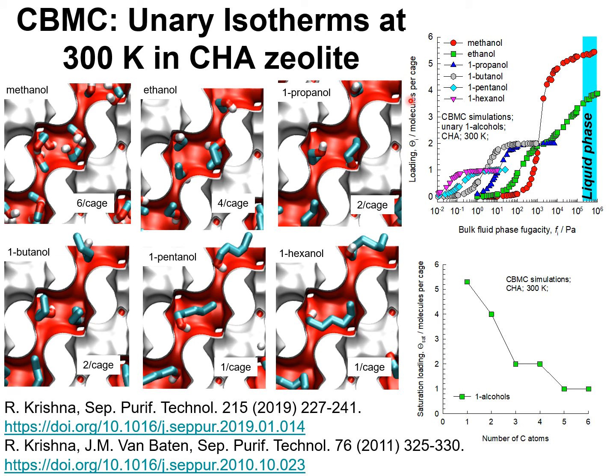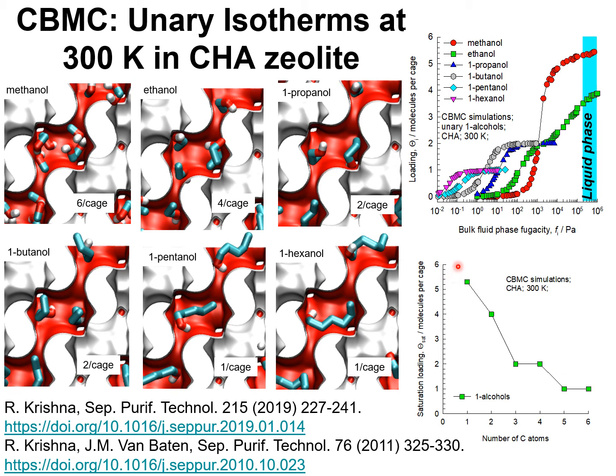The loadings expressed in molecules per kg of Chabazite are plotted against the fugacity in the bulk fluid phase. We note that the saturation capacities decrease with increasing chain lengths, going from methanol to 1-hexanol.